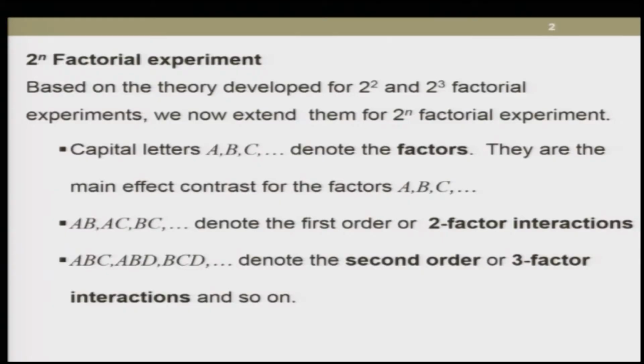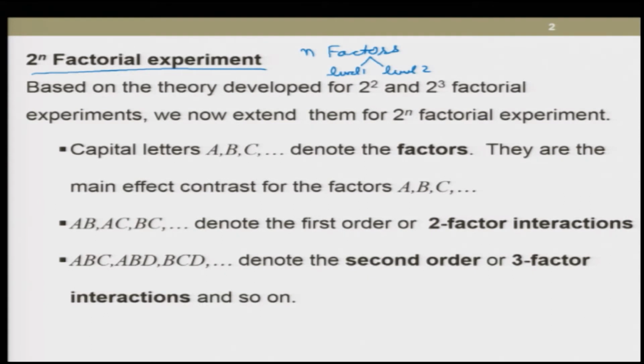Now in this 2 raised to the power of n factorial experiment, there are going to be n factors, and each factor is at 2 levels, level 1 and level 2.